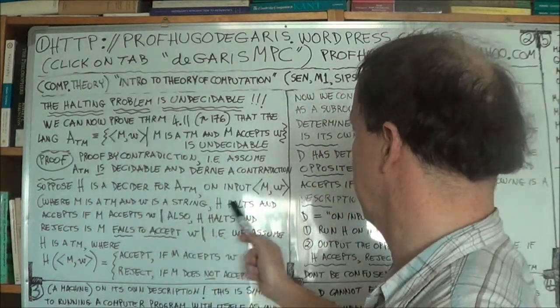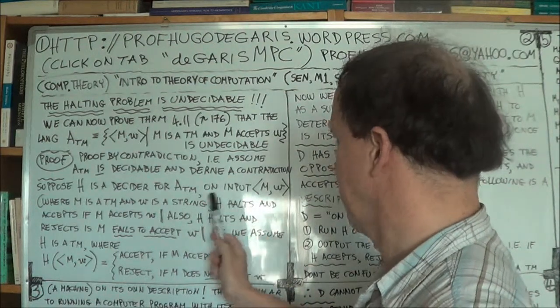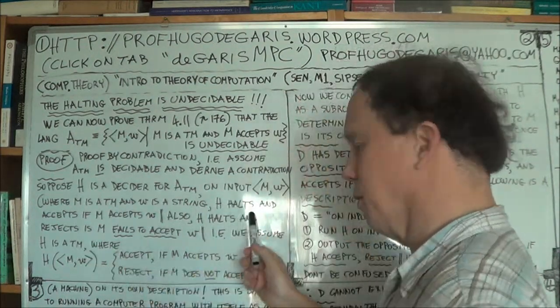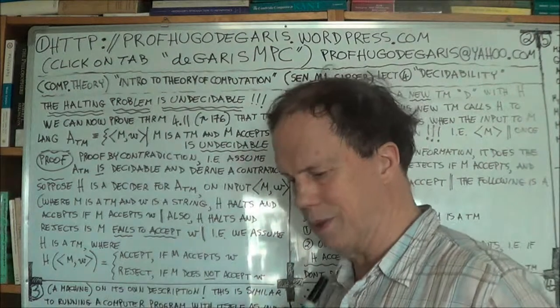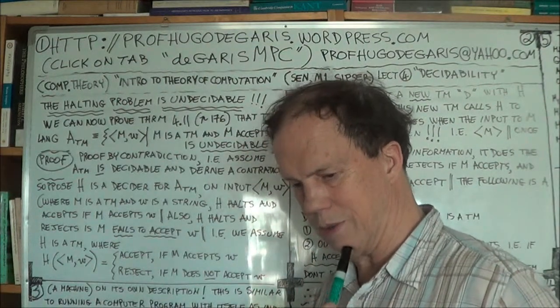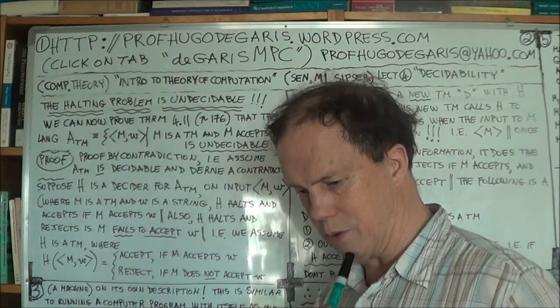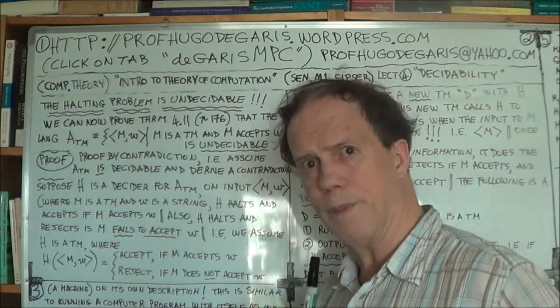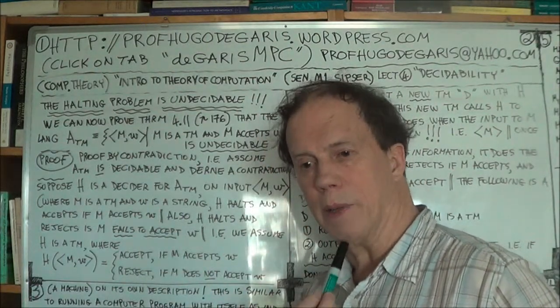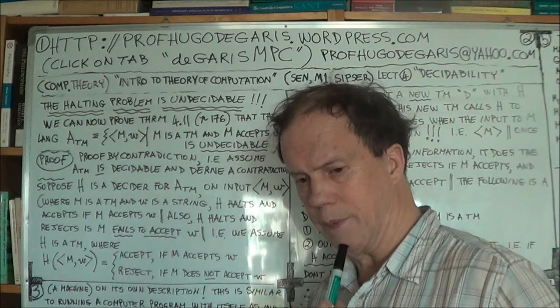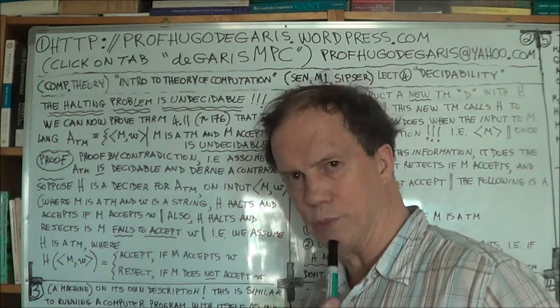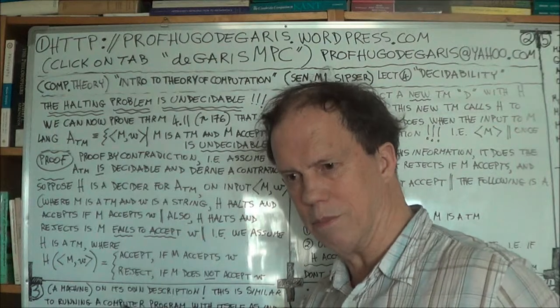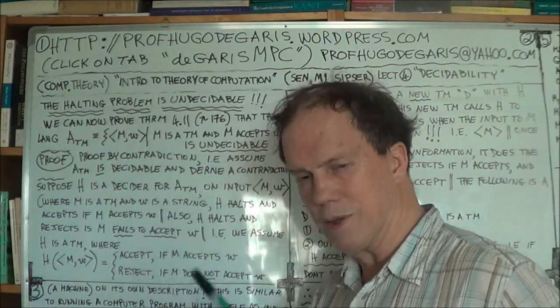So H accepts and halts, of course. Well, it's the basic definition of a Turing machine. There's two ways a Turing machine can halt, again a bit of revision: by accepting or by rejecting. And if it doesn't halt, by definition, it loops, it just never halts, just goes on forever.